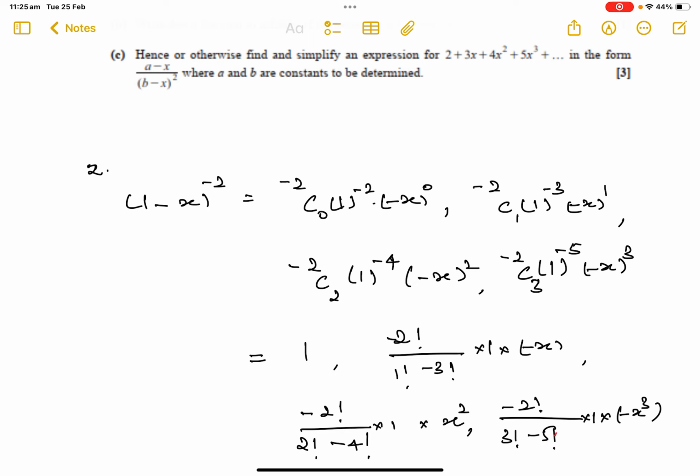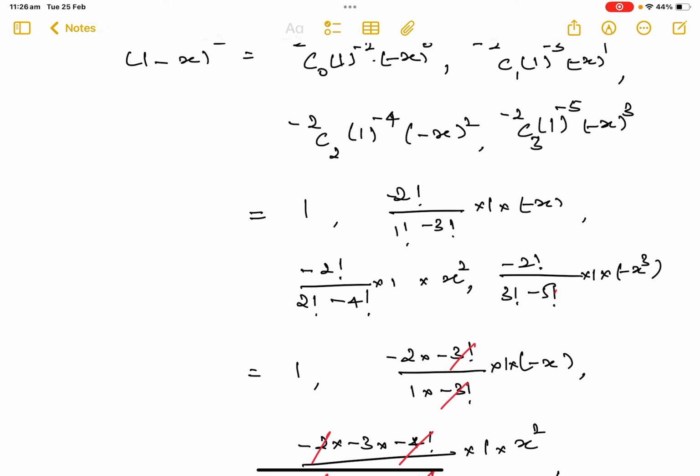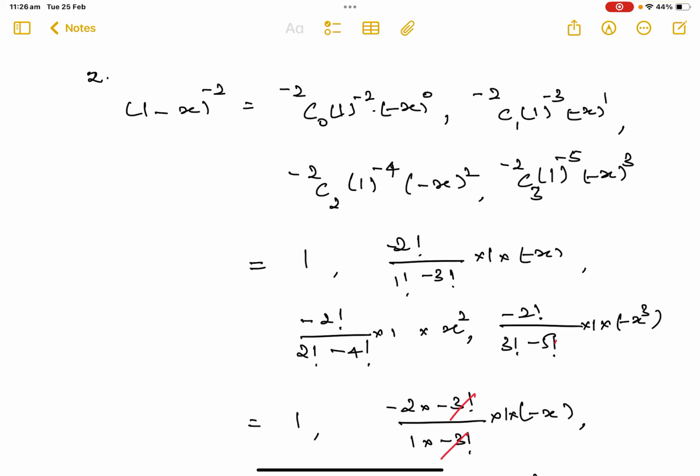Let's simplify it. The first one is 1, because (-x) to the power of 0 is 1, and 1 to the power of -2 is 1, therefore just 1. The first term is just 1. And the second term, -2 factorial divided by 1 factorial and (-2 - 1), -3 factorial, times 1 to the power of -3 which is 1, and minus x.